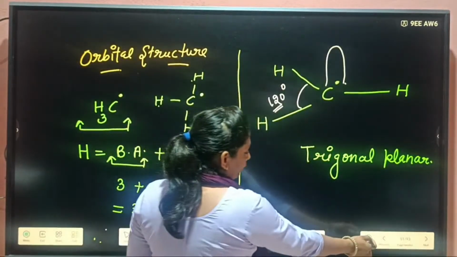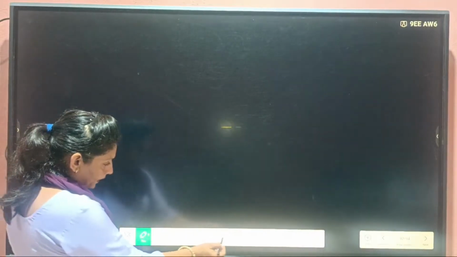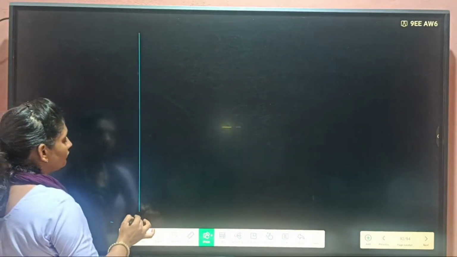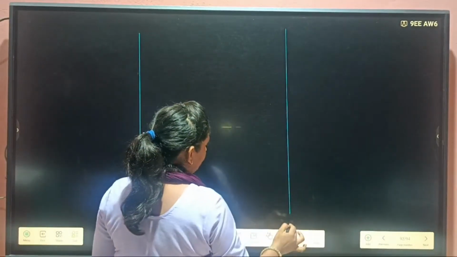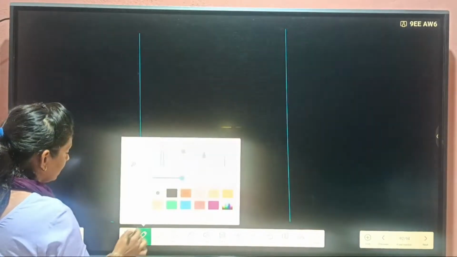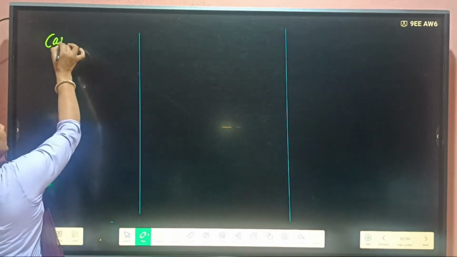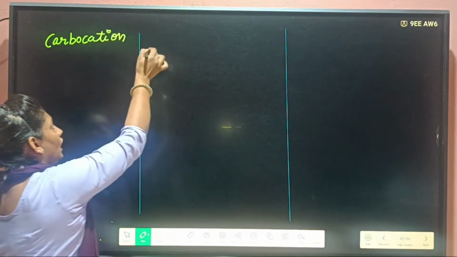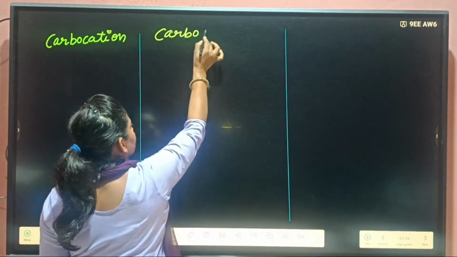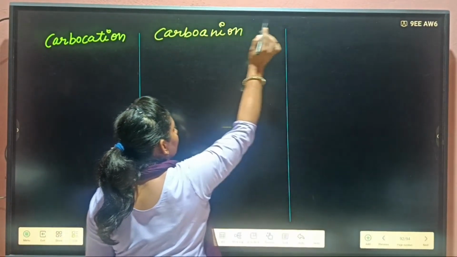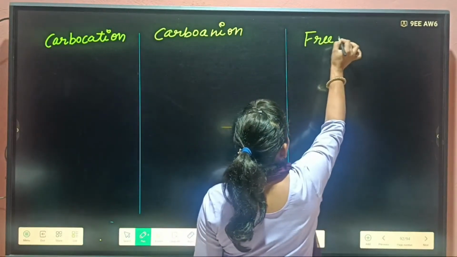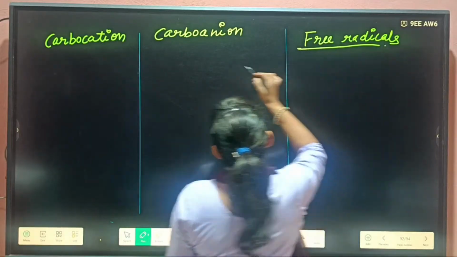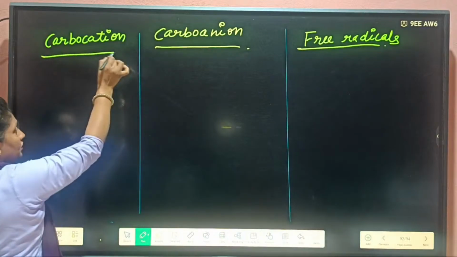So students, we have discussed 3 intermediates: first one was carbocation, then carbanion, and free radical. These are the important points you should keep in your mind.